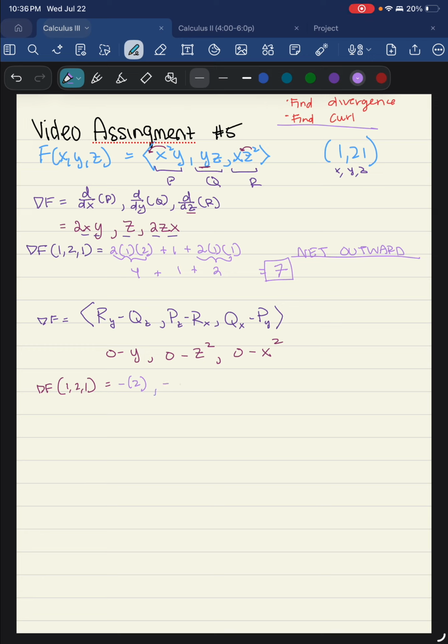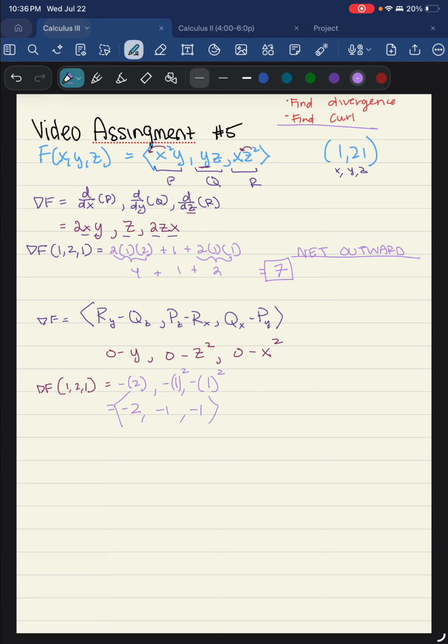Negative z is 1. Negative x, oh, this is squared, so negative x squared is 1 squared. So this turns out to be negative 2, negative 1, negative 1.